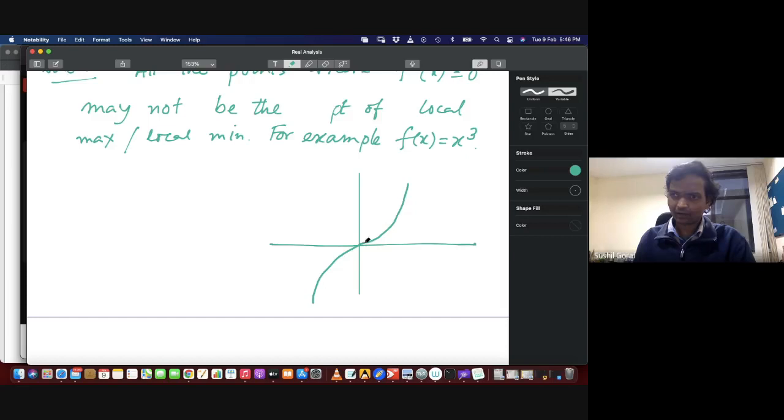At the point 0, this point is neither a local min nor a local max.